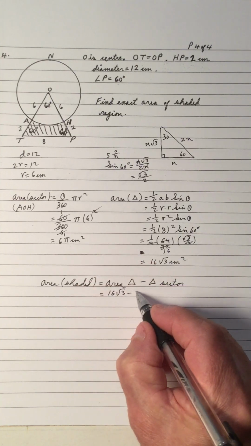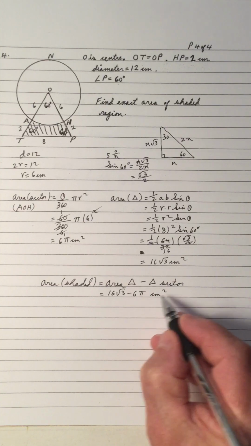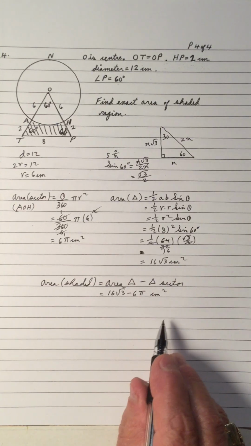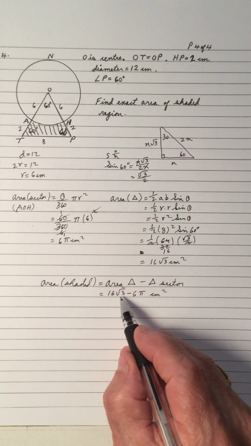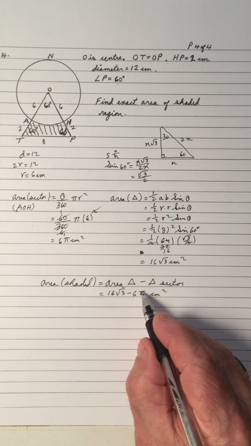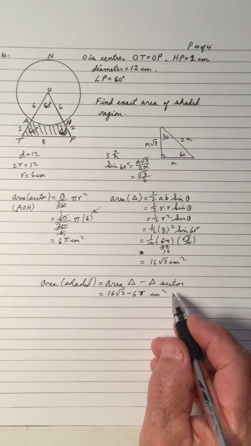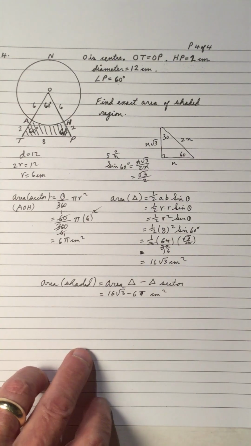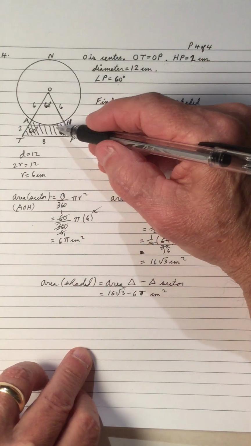The area of the sector is 6 pi, and that's all in centimeters. So that's the exact area. Notice the exact area means you don't change your root. You leave it as root 3, and you don't change your pi. So that's the exact area: 16 root 3 subtract 6 pi square centimeters. Finding the area of the shaded region.